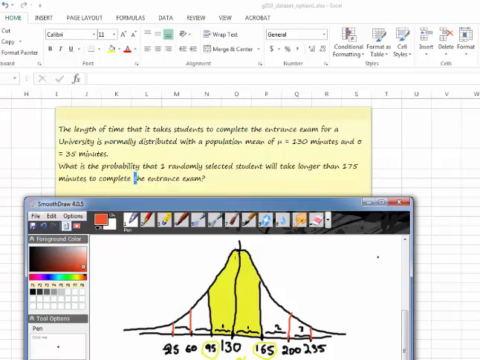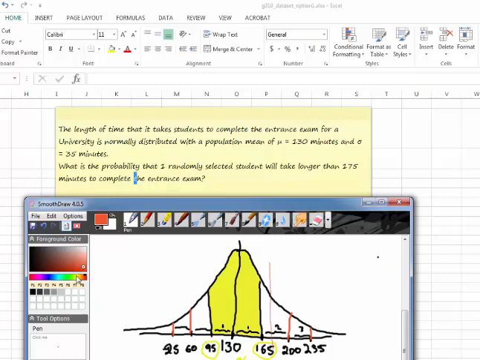Okay, now what do I want to find? I want to find the probability that one student will take longer than 175 minutes. What does longer than 175 mean? Well, 175 will be somewhere here.